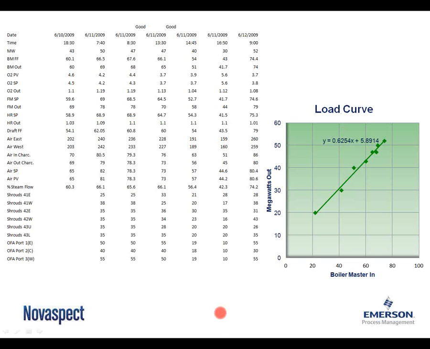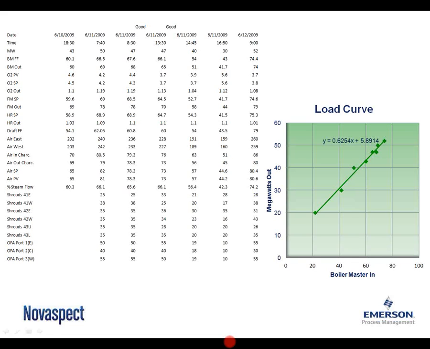In the case of a new boiler, you probably know what you want your boiler master ultimate range to be set up for. In the case of an older boiler, you may have to determine that. Boiler master can't necessarily just be set 0 to 100%, where 100% equals MCR, or maximum continuous rating, to achieve MCR.